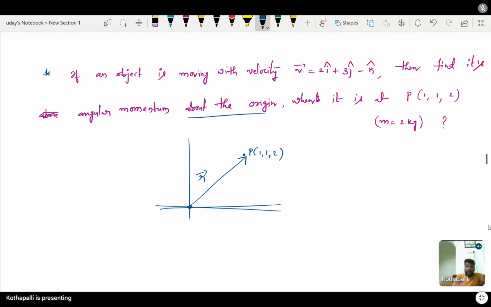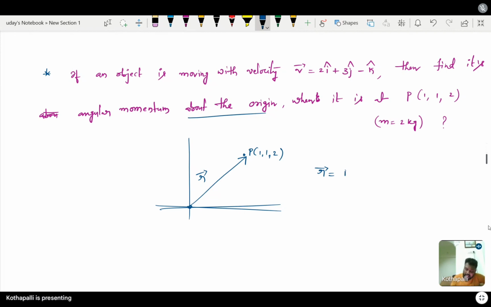About the origin means what? When the observer is observing from the origin, if it is appearing like rotating in a circular path or in rotational dynamics, what will be its angular momentum? That's the question. So I can say R vector is nothing but final position minus initial position only.